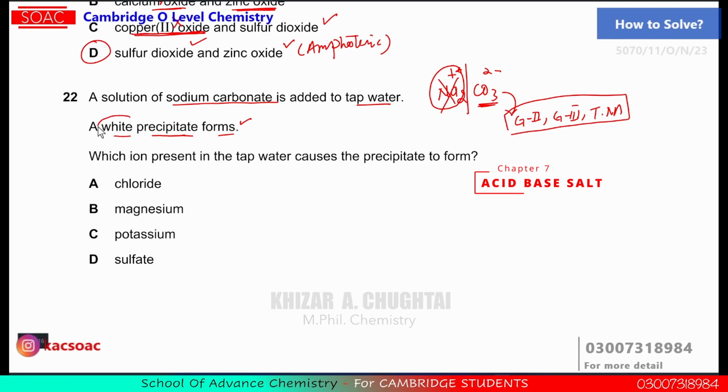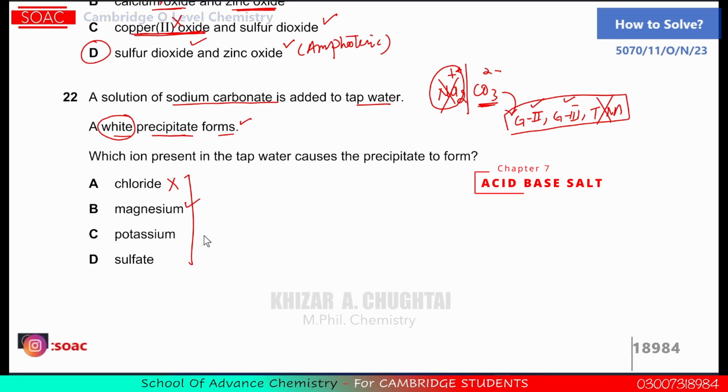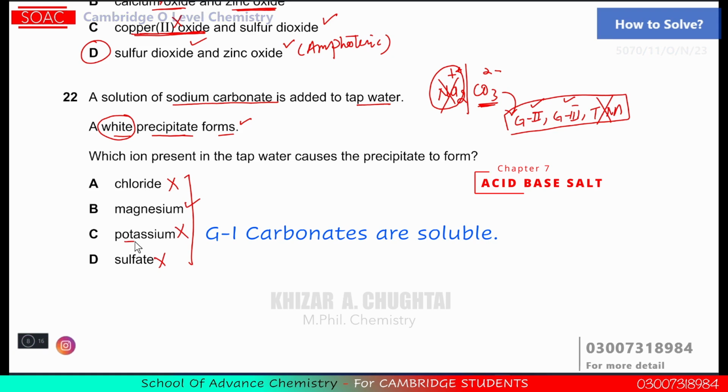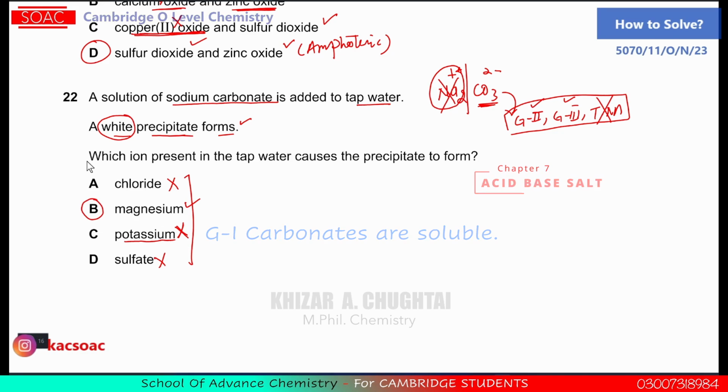But it says a white precipitate is formed, so there might be group 2 or group 3 metals. Let's see over here. Cl cannot make the precipitate, it's a negative ion. Yes, magnesium can make it, potassium cannot, sulfate is a negative ion, it cannot make a precipitate. Potassium, again, is soluble, it will not make the precipitate. So it is confirmed that B is the correct option.